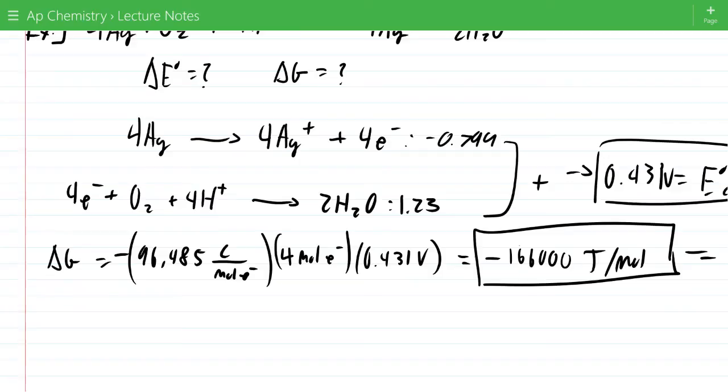In this case, we're going from a charge of 0 to a charge of negative 2, and that's our reduction. It's going from O2 to H2O, and then you have your 2H plus here. So that's our reduction.